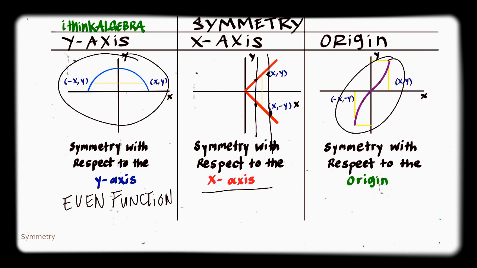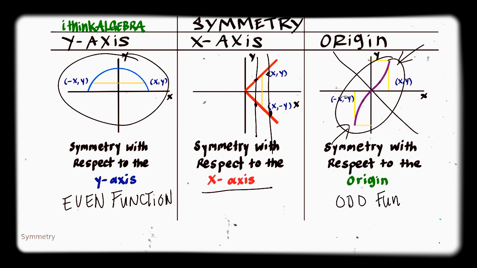Even if I draw a line here and cut it, divide it, you can see the symmetry. And with respect to the origin, that's your odd function. You can kind of remember because of the O's: origin, odd.